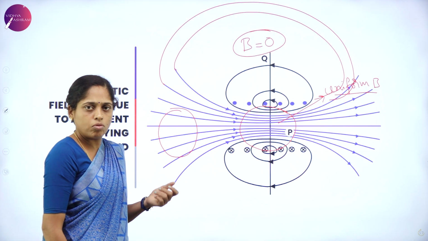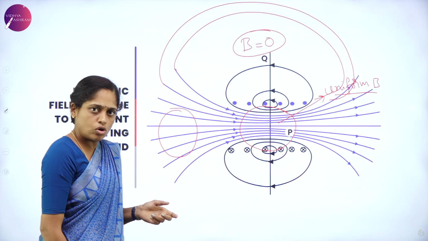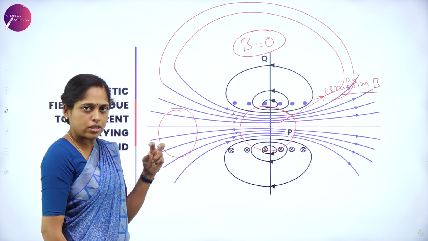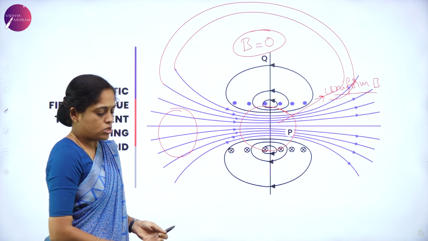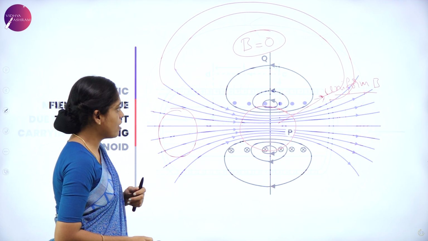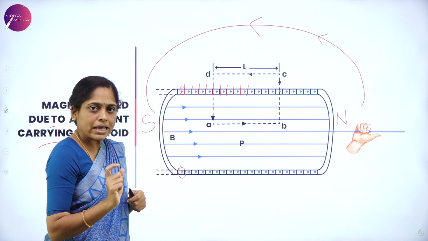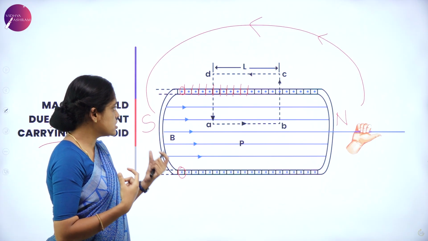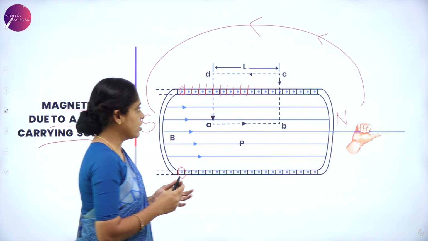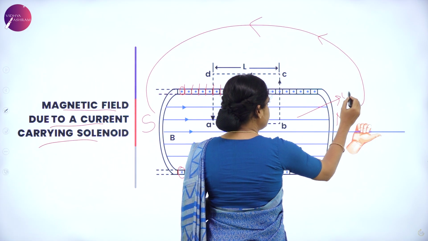We consider it almost equal to zero, as we have fewer magnetic field lines as we go away from the solenoid. So keeping this in mind, let us derive the expression for the magnetic field inside the solenoid, as inside the magnetic field strength is uniform.